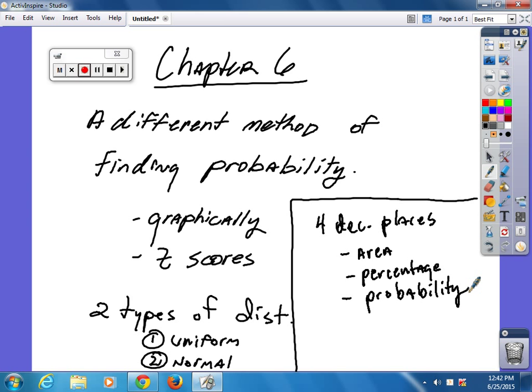They're the same thing. In this chapter, if the question says something about an area, if it says something about a percentage, or if it says something about a probability, those 3 things are the same.